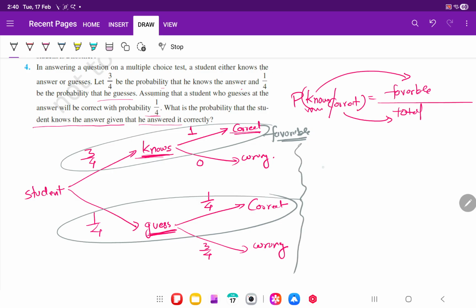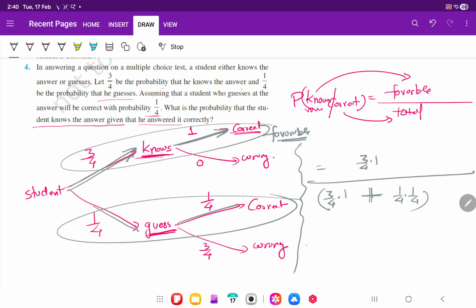Okay, so let me solve it. Case 1, he knows and he answers correctly, so 3 by 4 into 1, or he is guessing and correct, 1 by 4 and correct. Out of that, this is favorable, he knows and correct. So 3 by 4 into 1 is favorable.